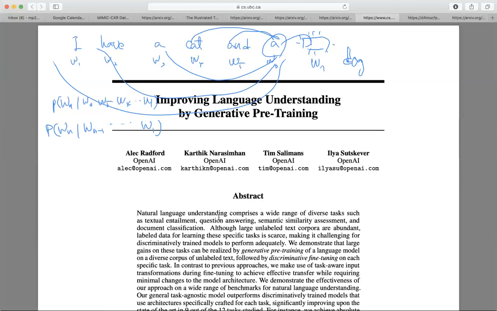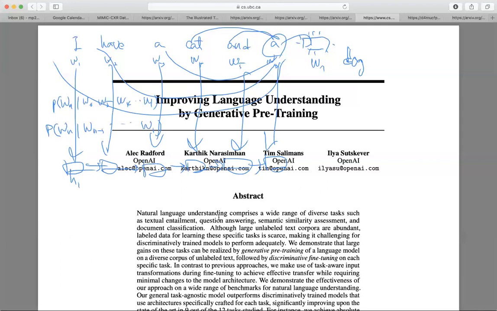And of course, you can do this with an RNN. You can feed I to the RNN, have to the RNN, a to the RNN, cat to the RNN, with hidden states H4, H5, H6 time step-wise.